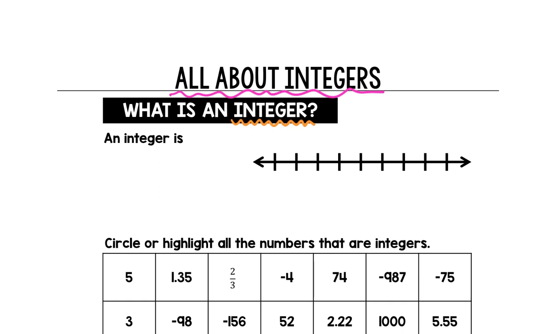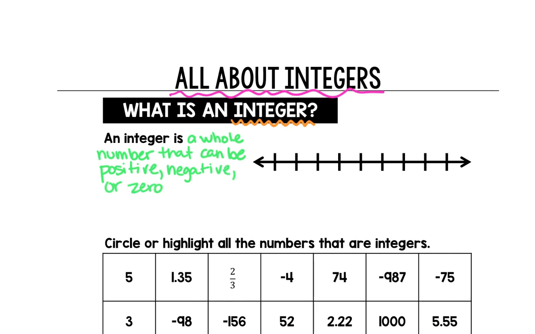By definition, an integer is, let's write this down, a whole number that can be positive, negative, or zero, but cannot be a fractional value. So no decimal or fraction.